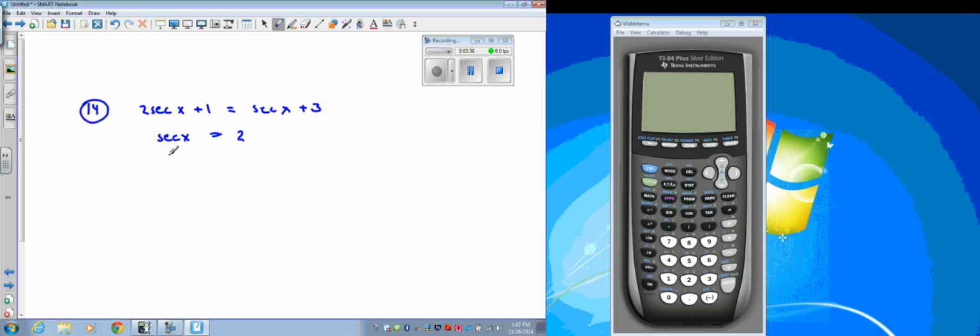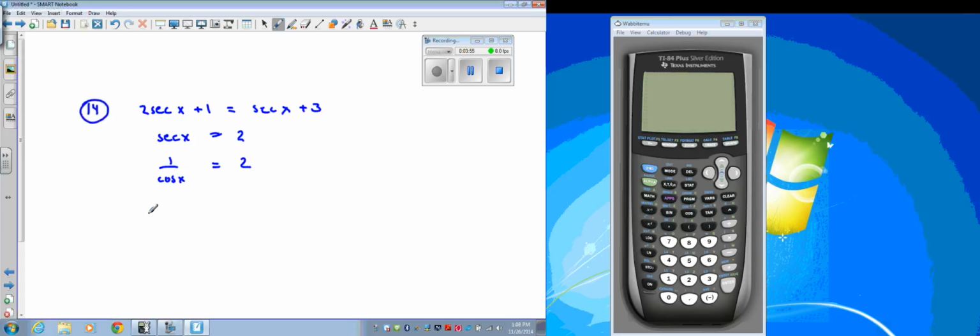So remember that secant is what, 1 over cosine. So technically it's where cosine is equal to 1/2, right?